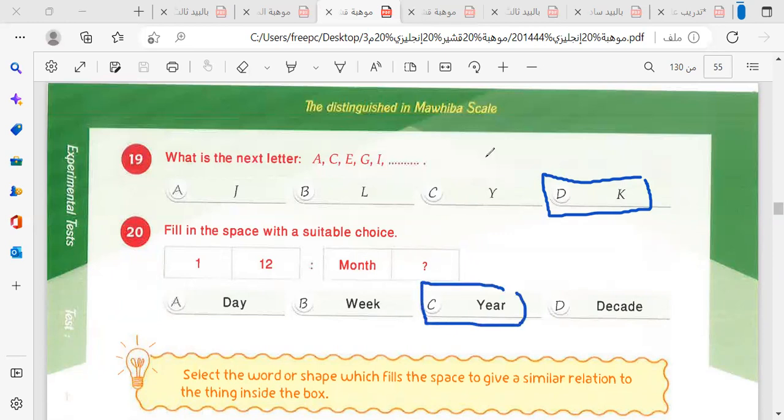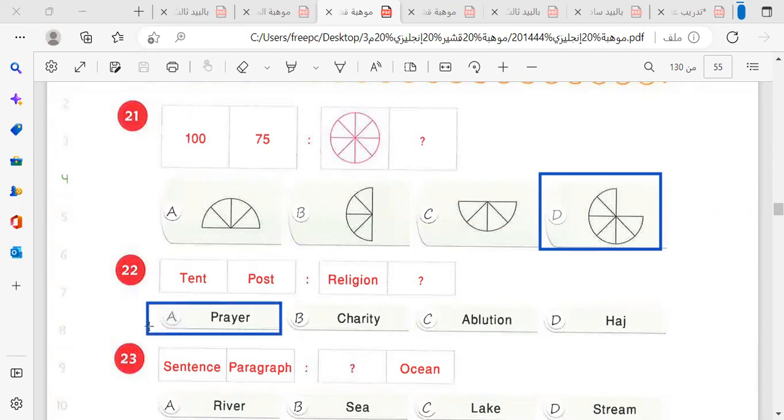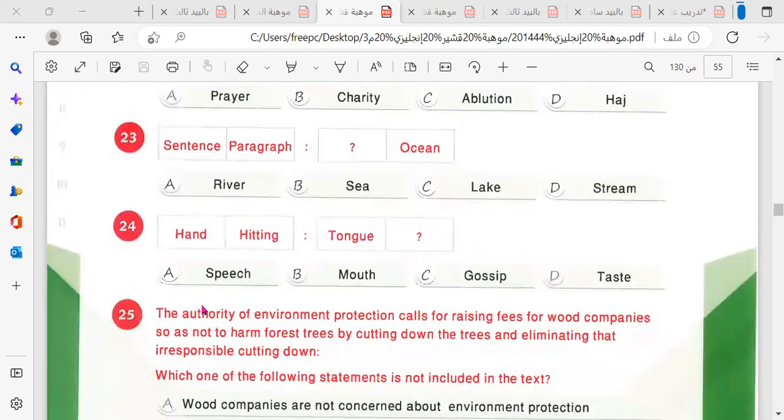Good. Okay, now we have 5 questions also. 21. Here I have 100 to 75. It is D, right, correct. So the answer is D. Here, post, religion. It is A, right, correct. Okay, number 23, sentence, paragraph, also ocean, will be C, right.